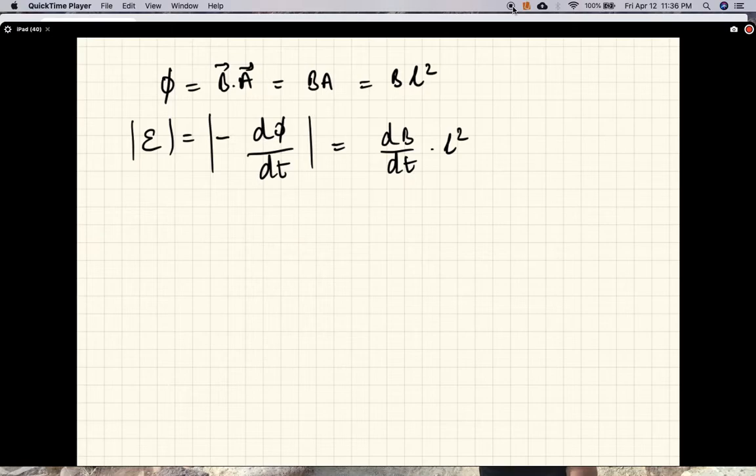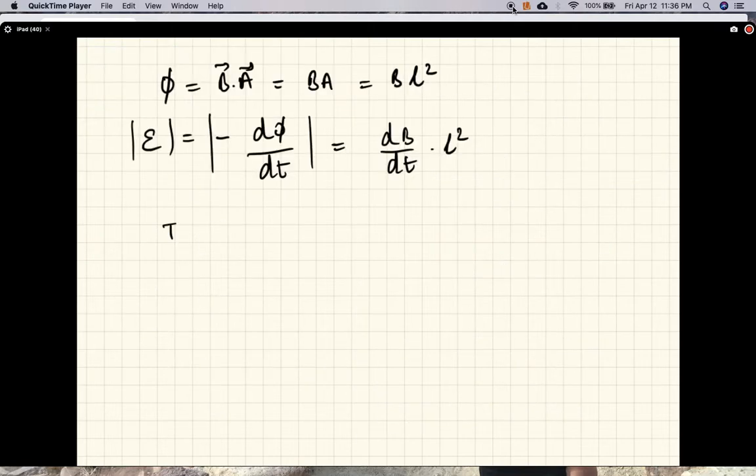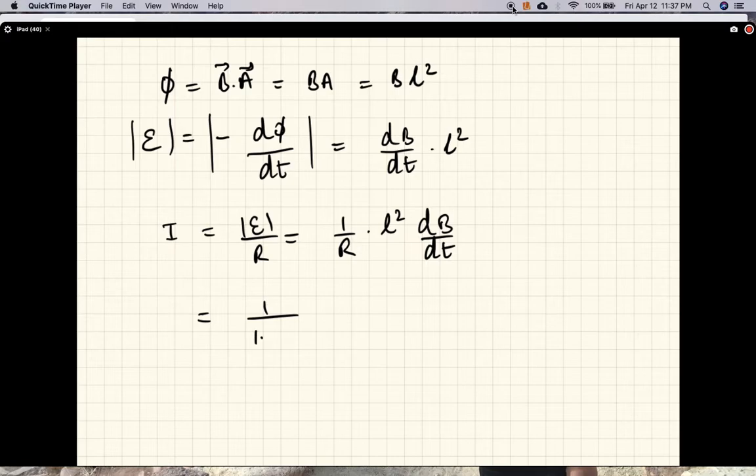So the induced EMF. And what is it that we are trying to find? What is the current in the loop? The current in the loop is the EMF in the loop divided by the resistance. So it's 1 over R times L squared dB by dt. R is 1.28 times 10 to the minus 3 ohms.